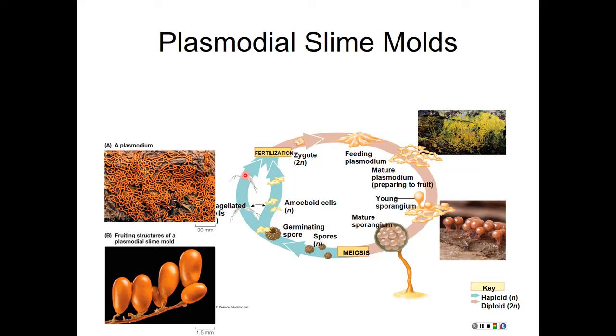And what a plasmodium is, and this kind of blows my mind, it's basically one large cell with many nuclei. And it results from mitotic division that is not followed by cytokinesis. So usually, right, you do mitosis and you replicate your DNA and so you're dividing your nucleus. And then typically, in a eukaryote, that is followed directly by cytokinesis, the division of the cytoplasm.